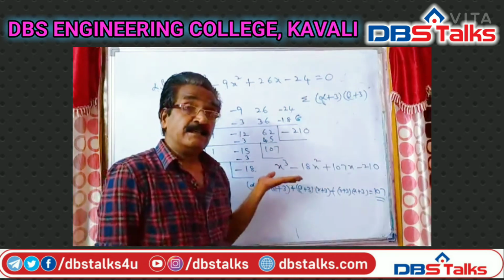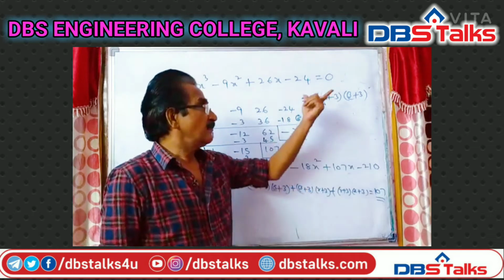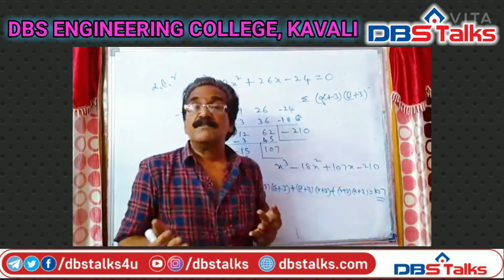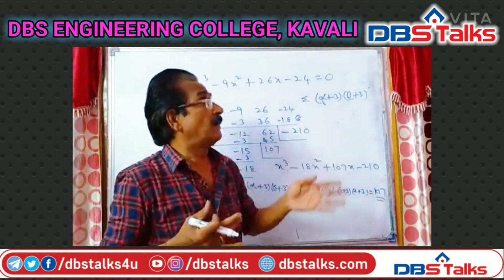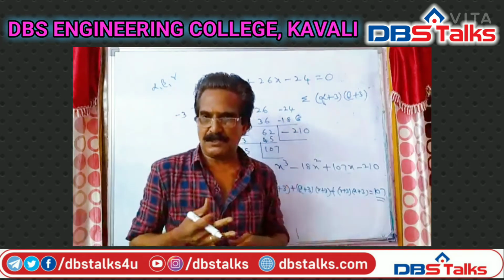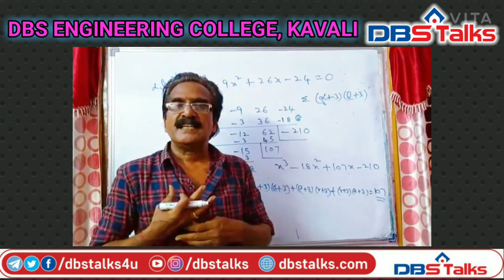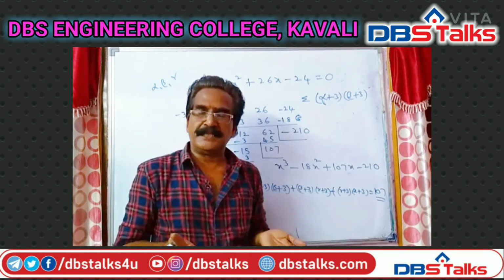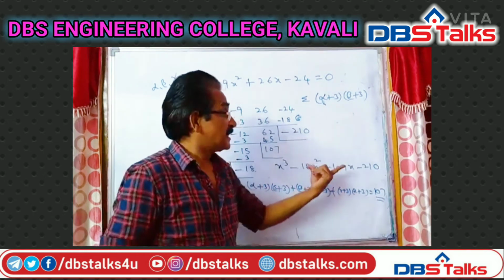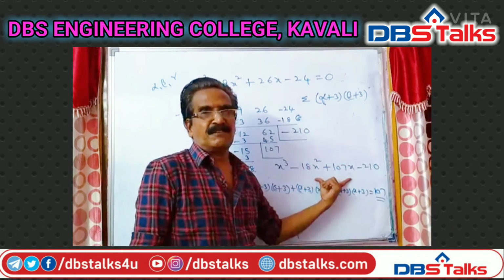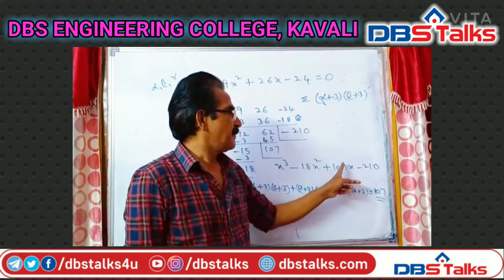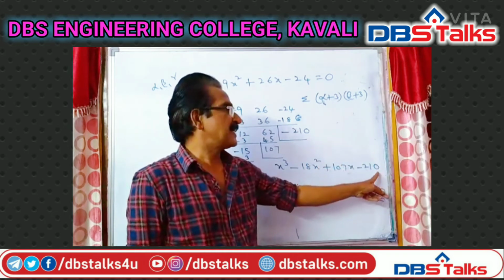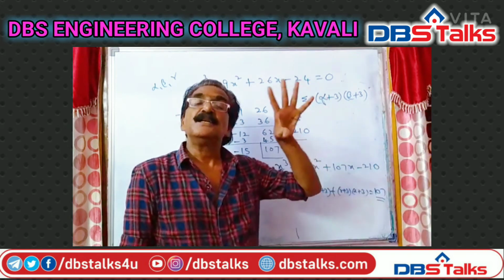You can find this thing also. If the question is what is the product of the roots, alpha plus 3 into beta plus 3 into gamma plus 3, that is the product of the roots, which is minus D by A. Minus of minus 210, that is 210.